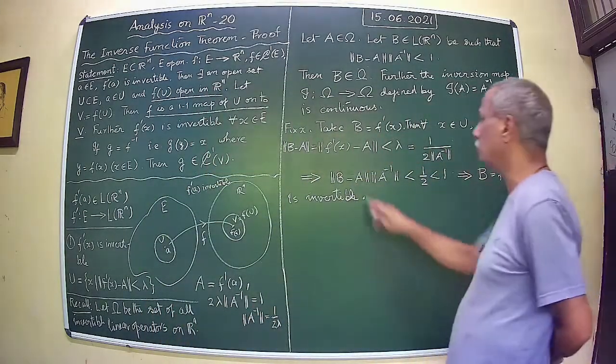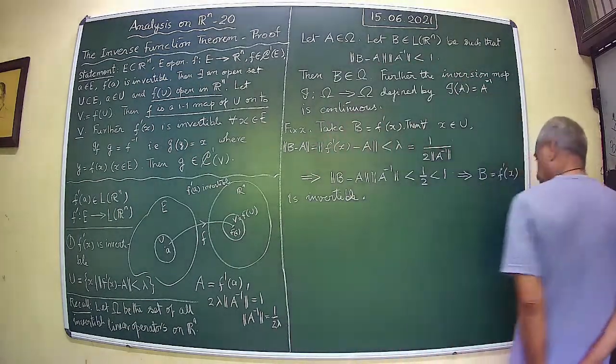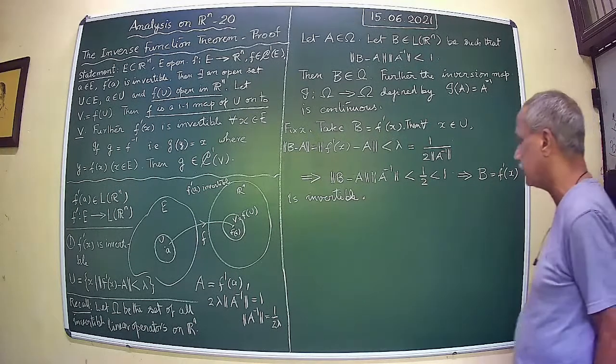Now this is true for every x, since the choice of x in U is arbitrary and all these conditions are satisfied.